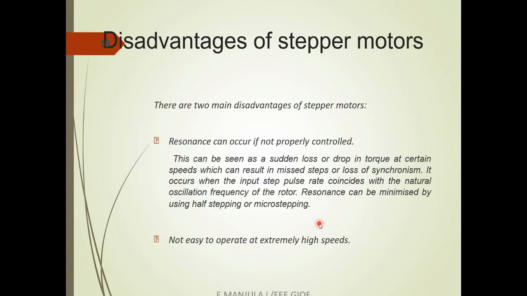Due to resonance there is a chance of missing steps or loss of synchronism. It occurs when the input step pulse rate coincides with the natural oscillational frequency of the rotor. Resonance can be minimized by using half stepping or micro stepping. Second, it is not easy to operate at extremely high speeds. These are the two main disadvantages of the stepper motor.